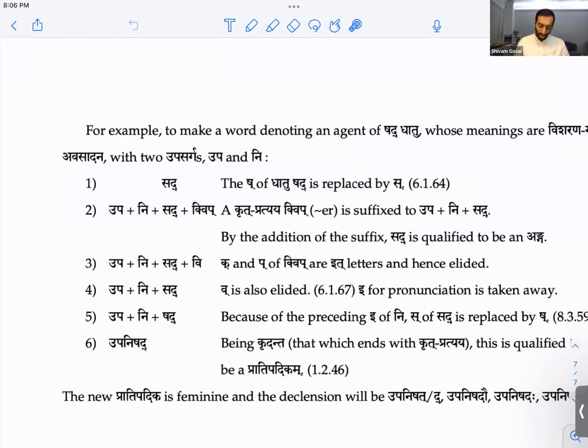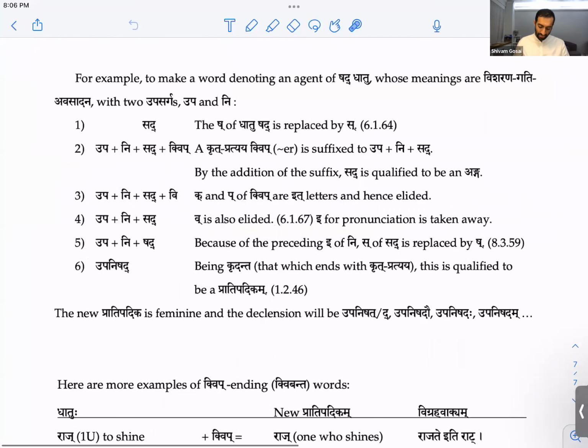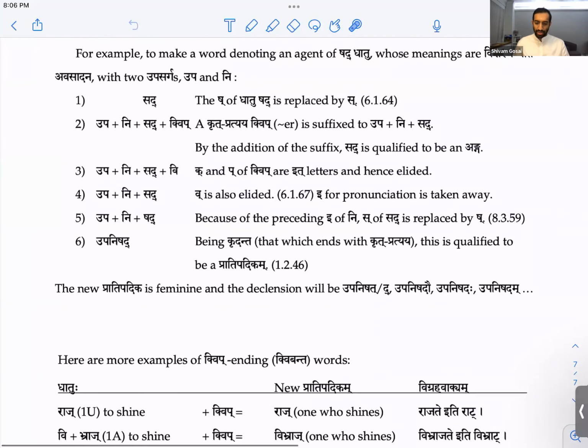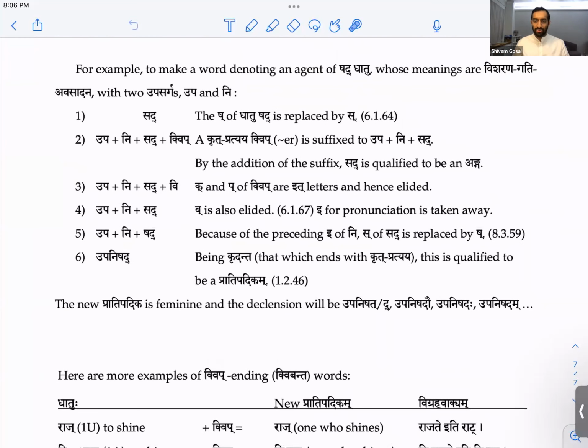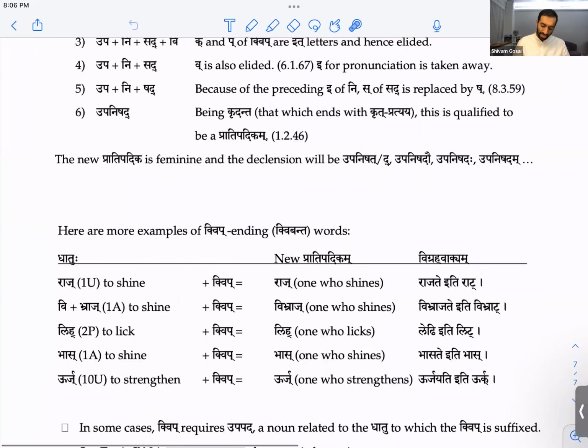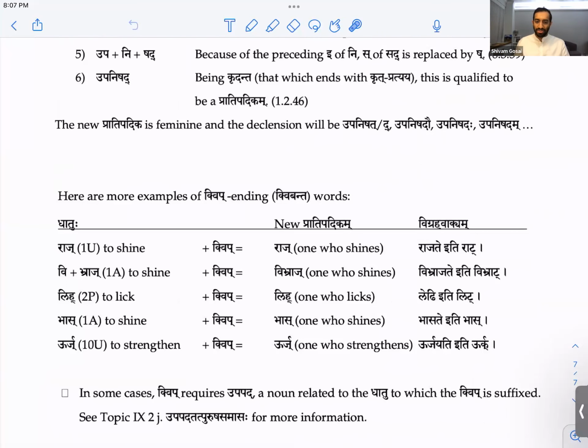Okay, that's really all we need to see with this kvip pratyaya. There are some other examples, but they're not so common, right? We don't see these words so commonly. So the only reason we really need to see this is because it comes in the word Upanishad.